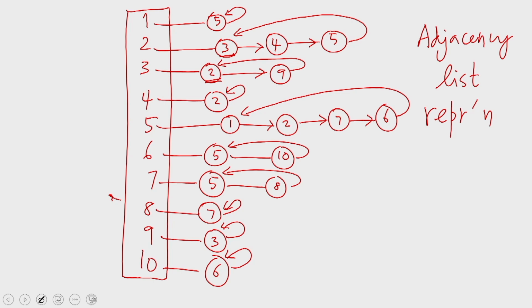So, here in the adjacency list representation, we assume that the set of vertices V is available in an array. The adjacency list entries are all available in an array E, but we assume that the entries are in no particular order.